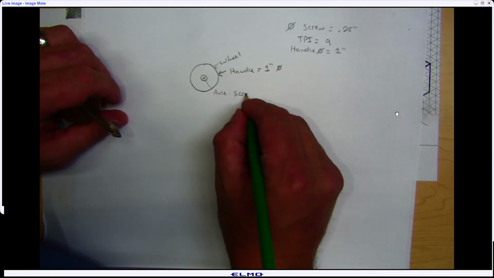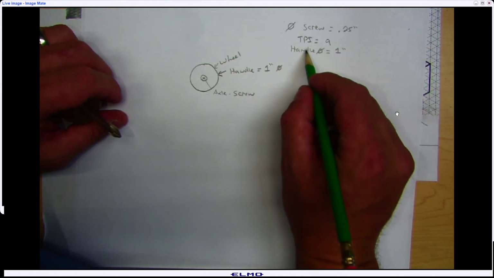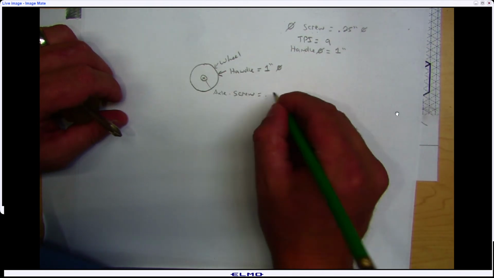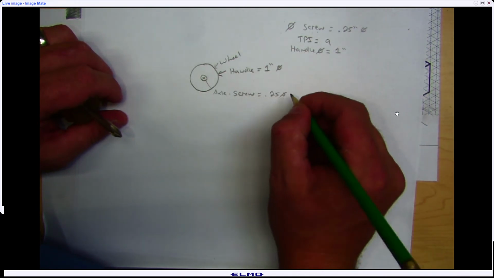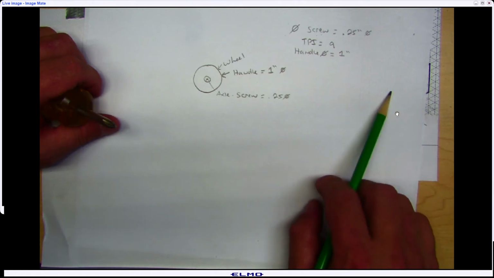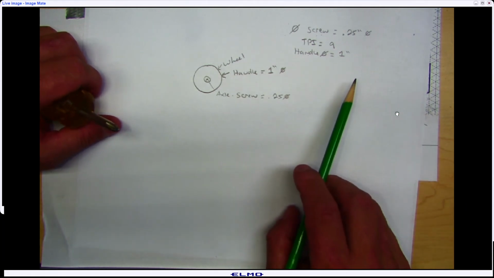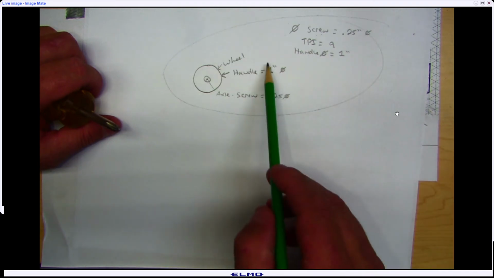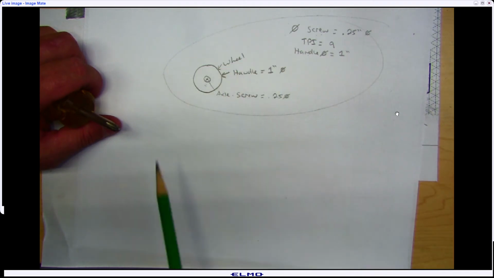That screw diameter, you can see right here, is 0.25. We measured that from the image. According to my calculations, the screw has two simple machines working together. This is one simple machine, the wheel and the axle.